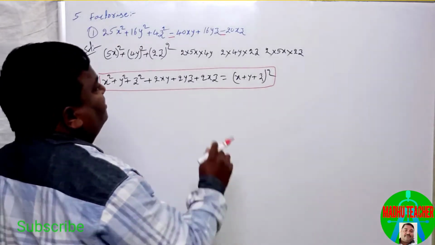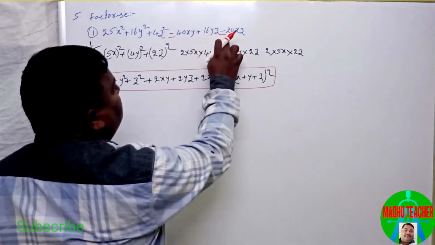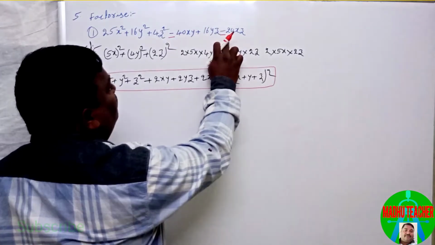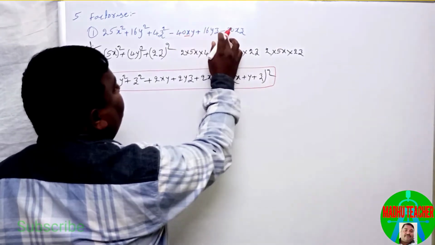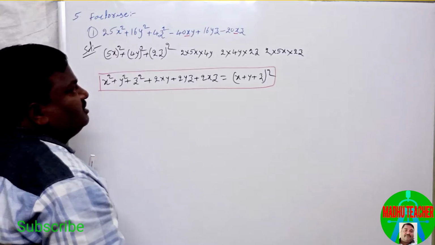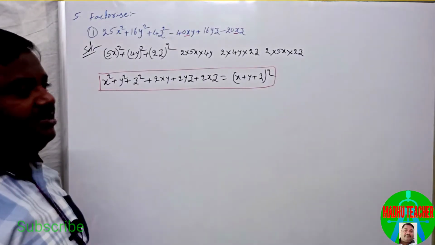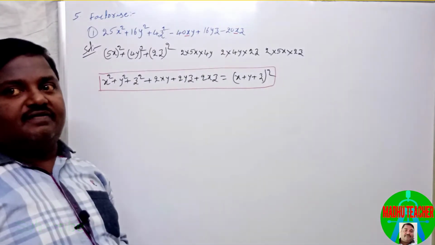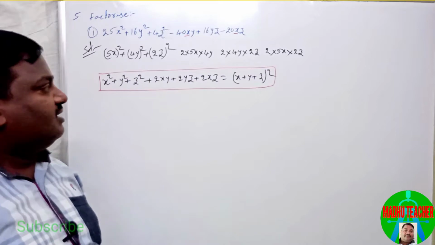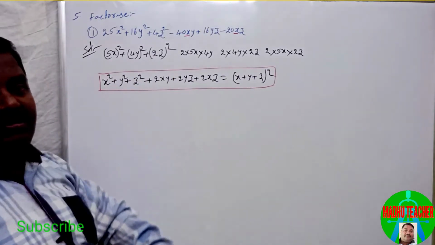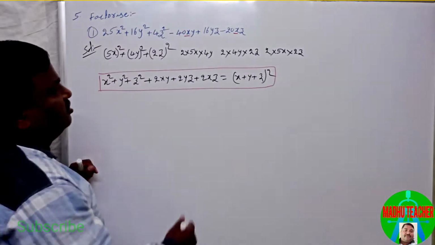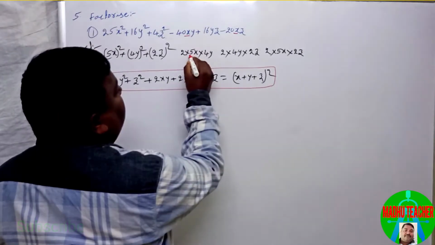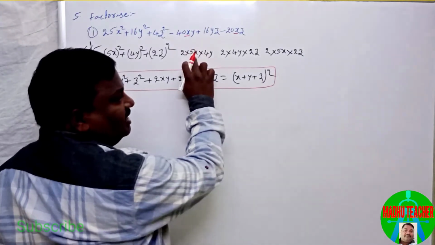Where are we getting minus? In both terms we have x. So that means the minus is occurring where the x is there. Wherever x is there, minus comes. So that's why we should write minus at x.